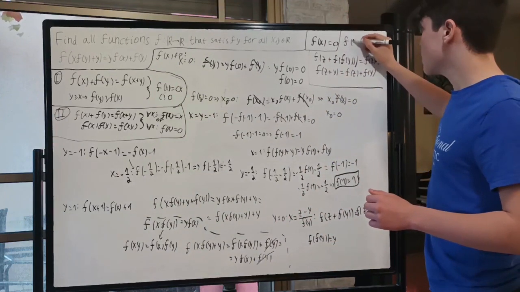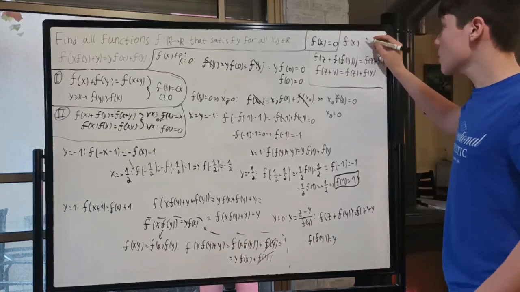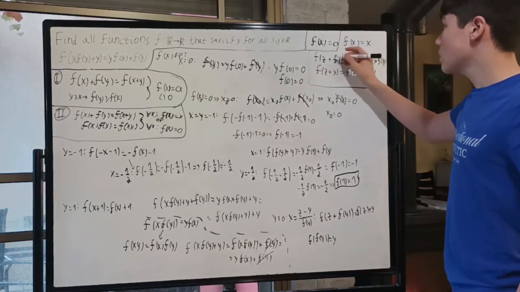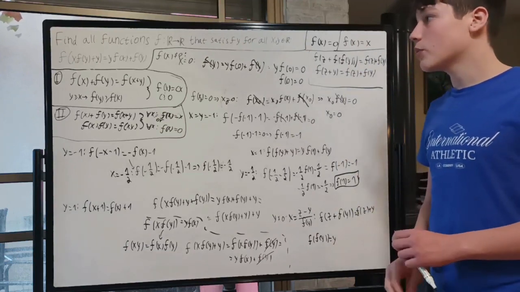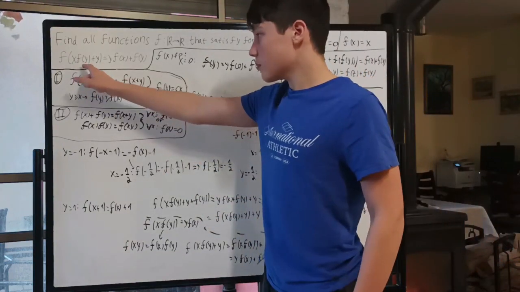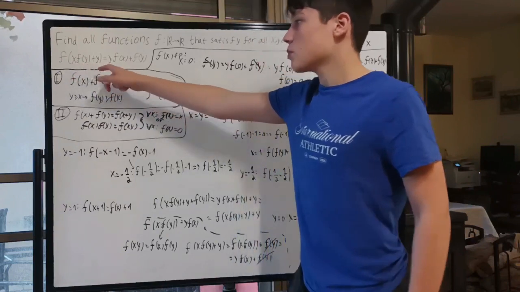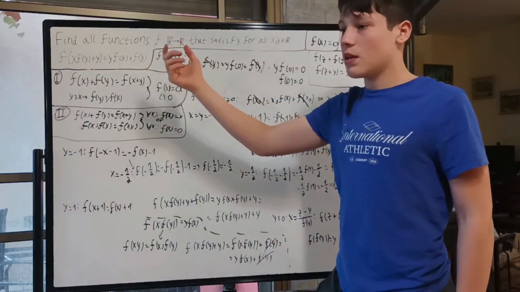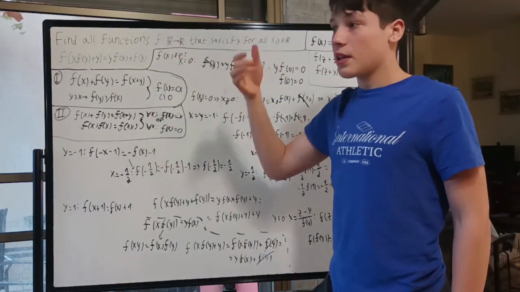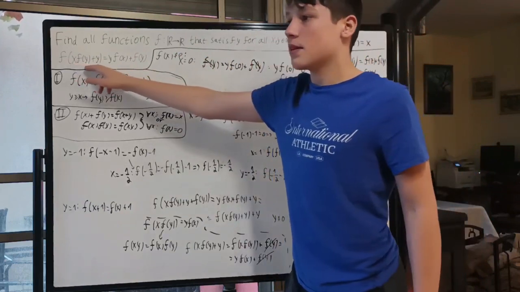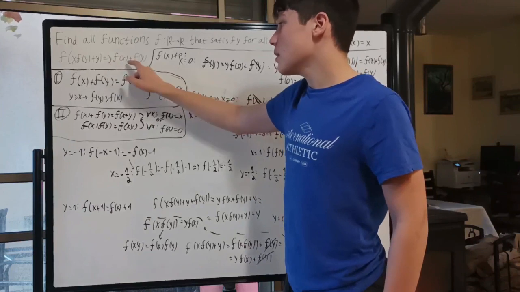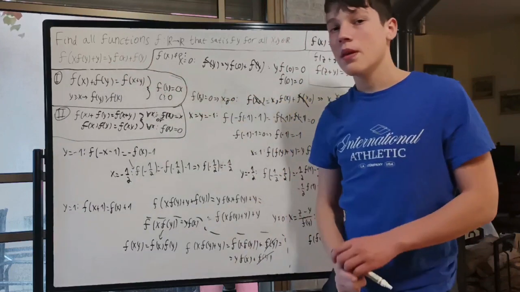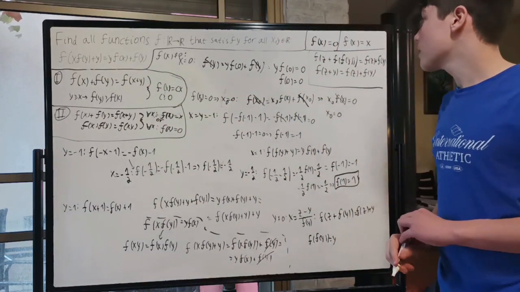So the second option, where f of x is equal to 0, is it can only be f of x is equal to x. And you can also check that this function really works. So f of y turns to y, x y plus y, f of that thing is itself, so that's x times y plus y. And here similarly, this is x times y plus this is y. So the equation is true.